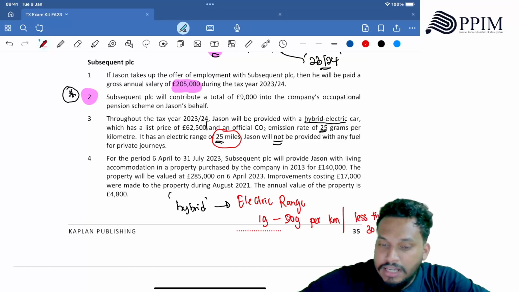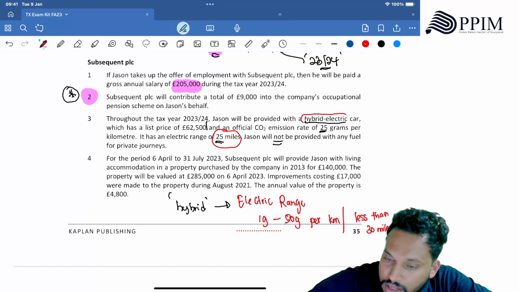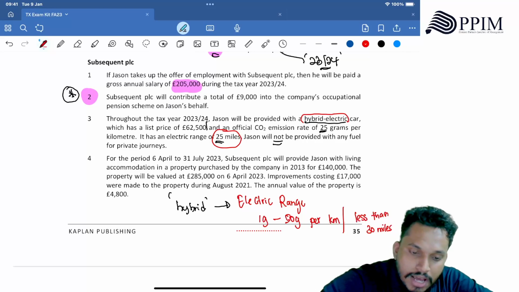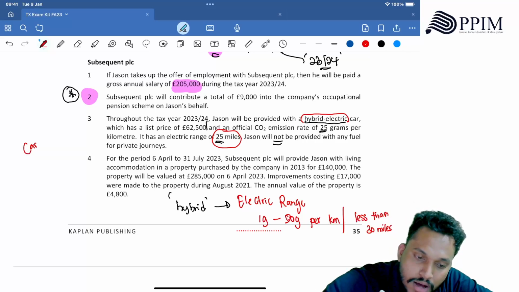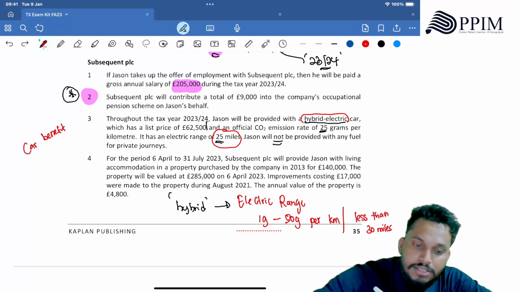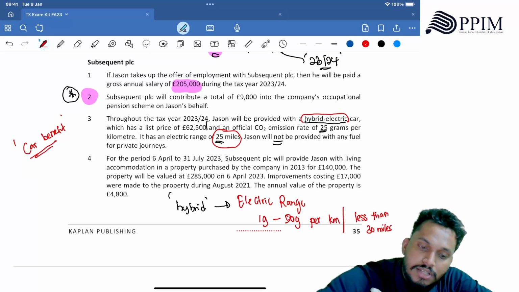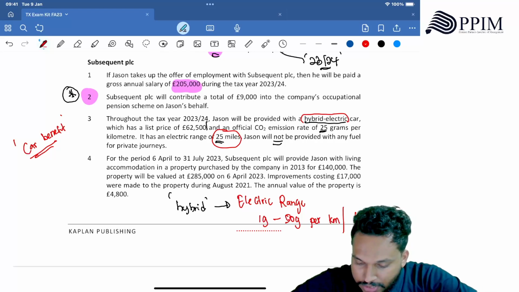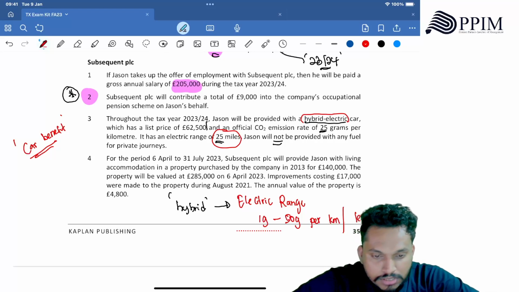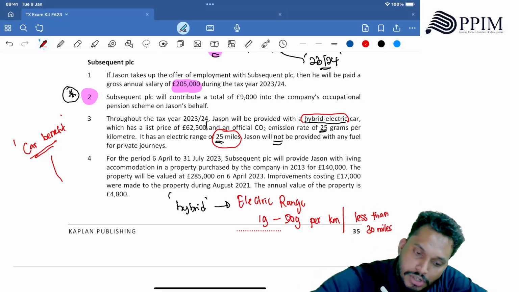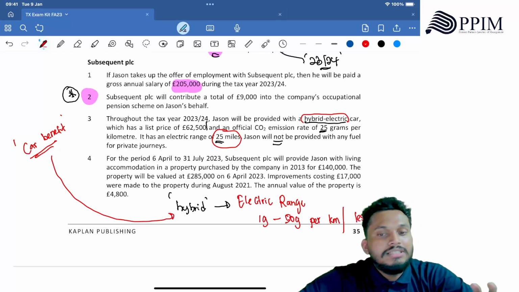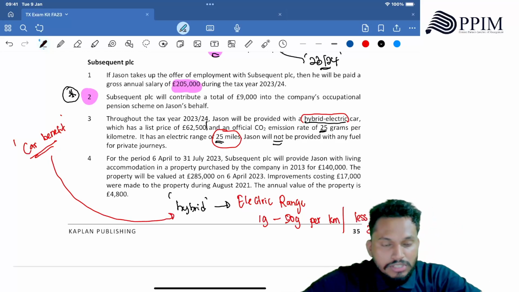Technically we have a hybrid car which is provided to the employee, so he is receiving a car benefit. That is the first understanding. To decide the car benefit percentage, you need to understand how much of the benefit to recognize, and there is a procedure for that.